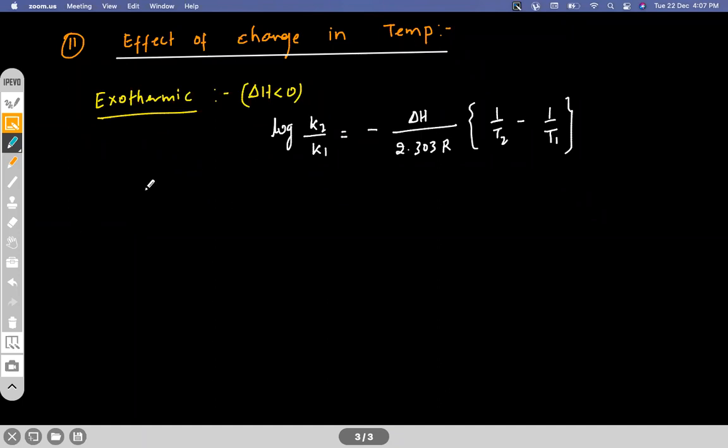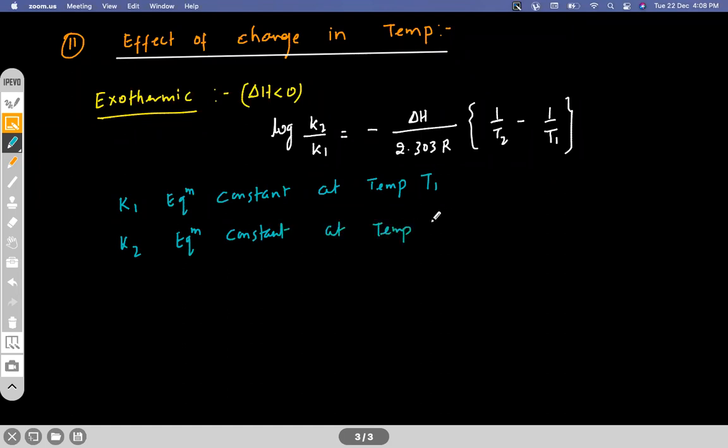We know K1 is the equilibrium constant at temperature T1, and K2 is the equilibrium constant at temperature T2.